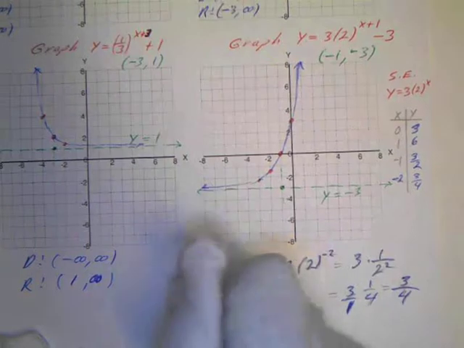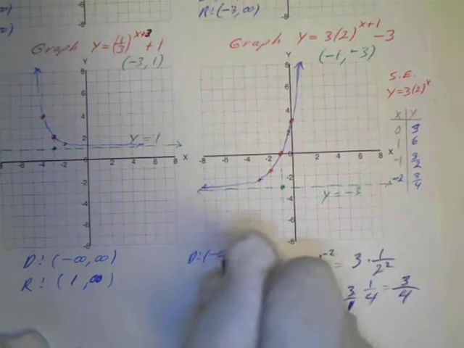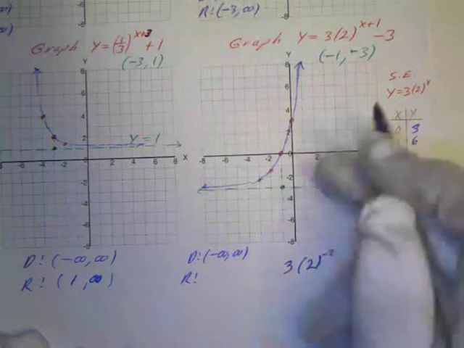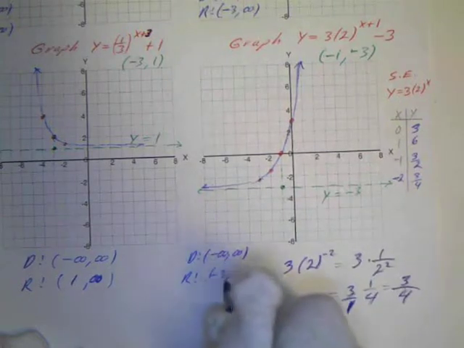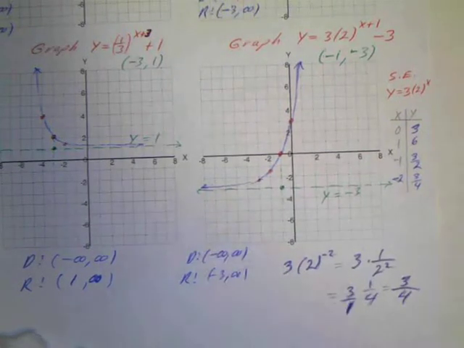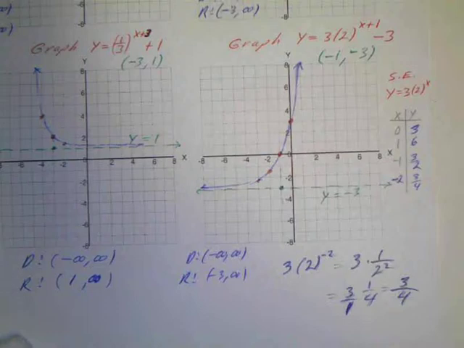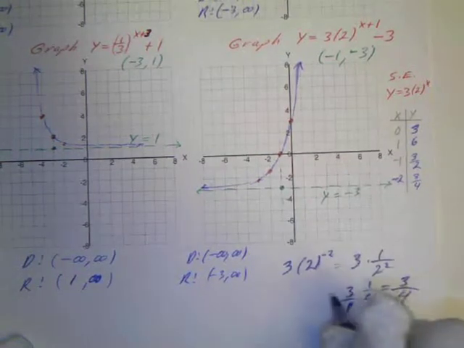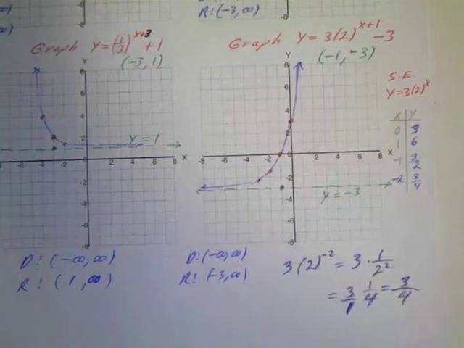My domain, all real numbers, -infinity to infinity. And the range is going to be from -3 to infinity. So it's not that hard as long as you do it step by step.